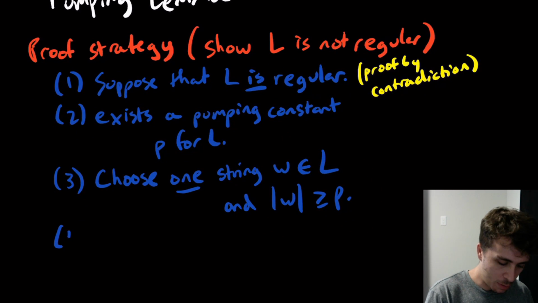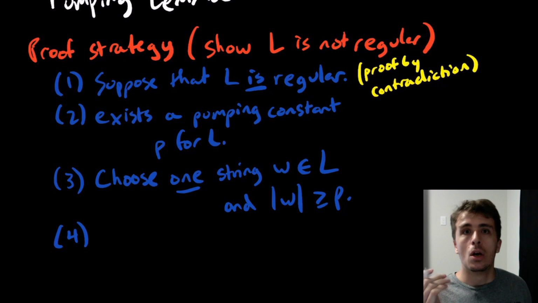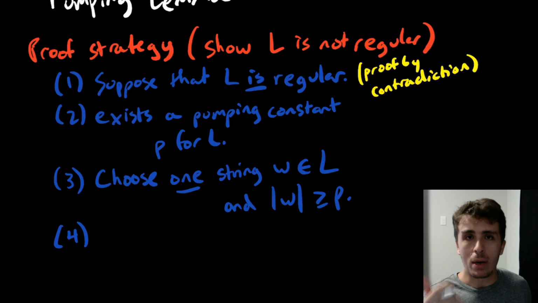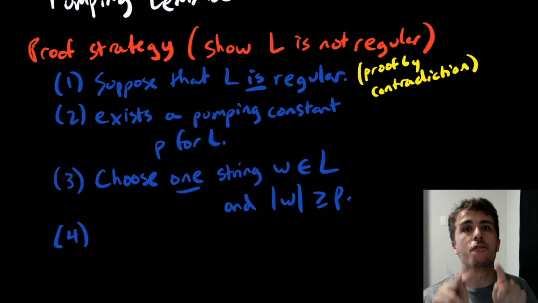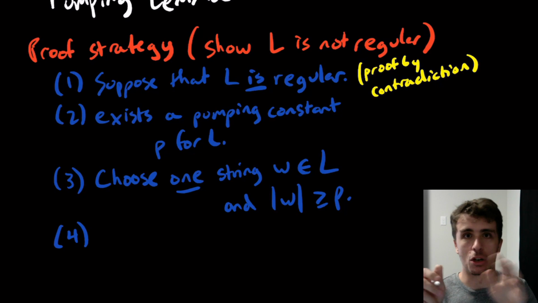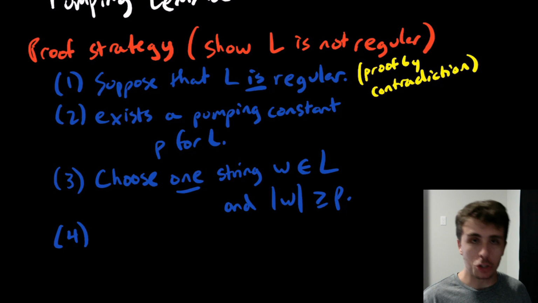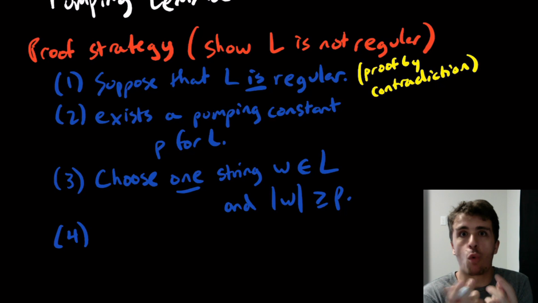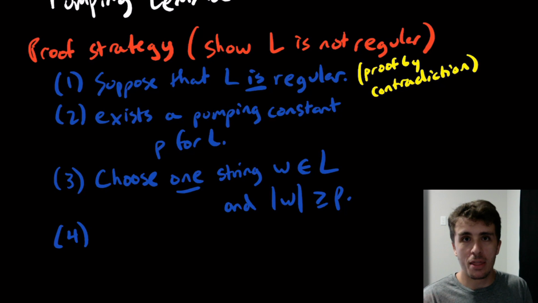Okay, well now what do we do there? We want to show that this string can't possibly be pumped. The lemma says that you can find some way of breaking the string into those three pieces, such that you can repeat the middle piece and all that stuff. But I want to show that there's no possible way of doing that, because if I leave one possible way out, then that might be the way in which a DFA could possibly exist.